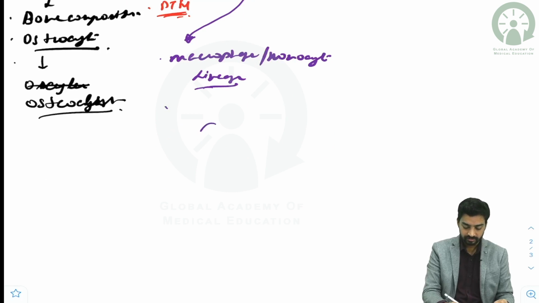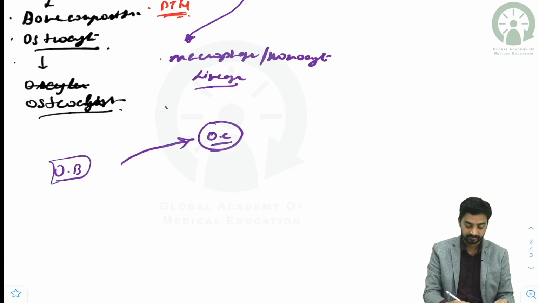Suppose this is the osteoclast. Basically it gets activated, and who activates it? The osteoblast part, with the influence of PTH.